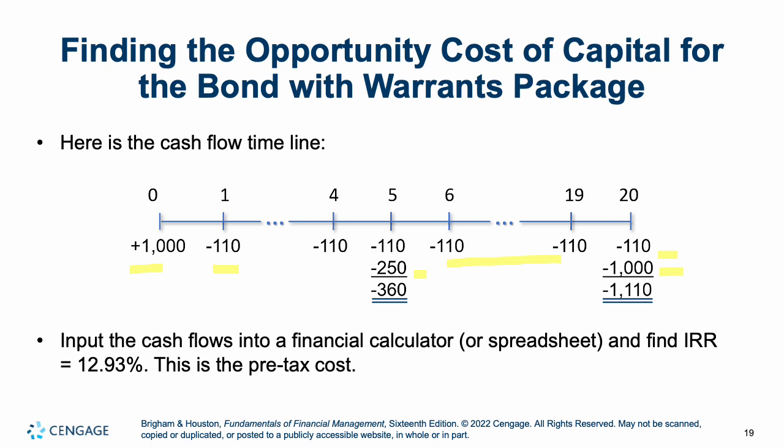So you would simply put all of these into Excel and use your IRR function, equals IRR, and just go in order. Time 0 is plus 1,000, then negative 110, year 5 negative 360, and so on. And this would be our pre-tax cost, IRR 12.93%. That would be a way to solve that.